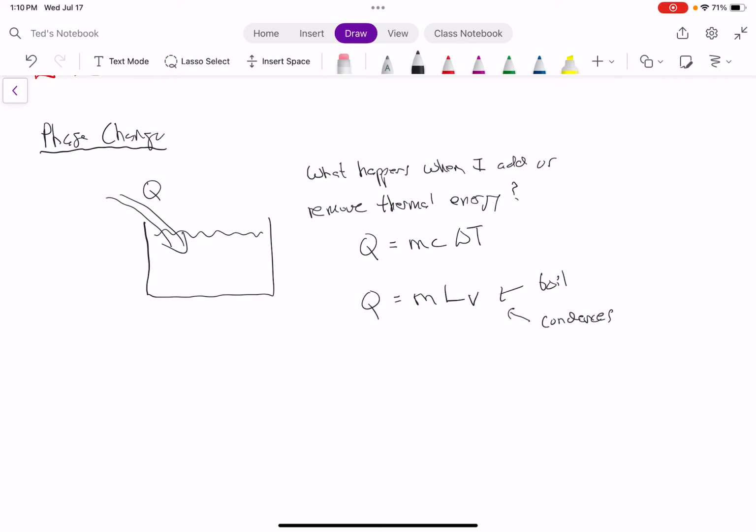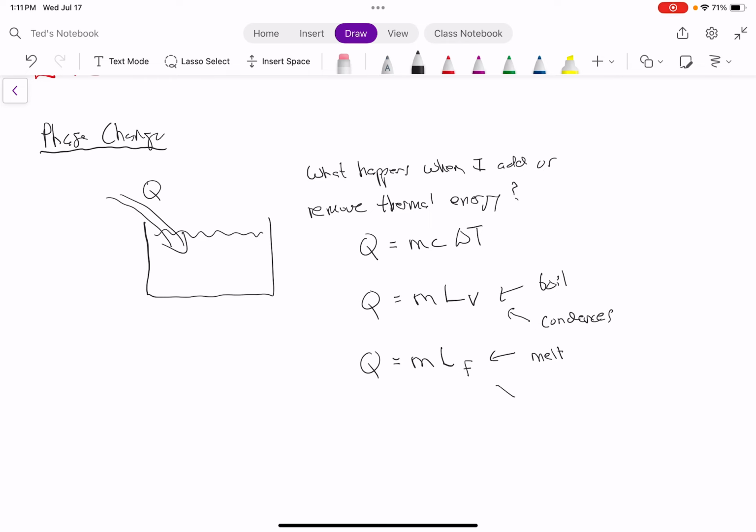And then there is the heat required to melt ice. If you want to melt something, turn it from a solid to a liquid, you need to add heat, and the amount of heat you need to add is the mass of stuff that you want to melt times the latent heat of fusion.